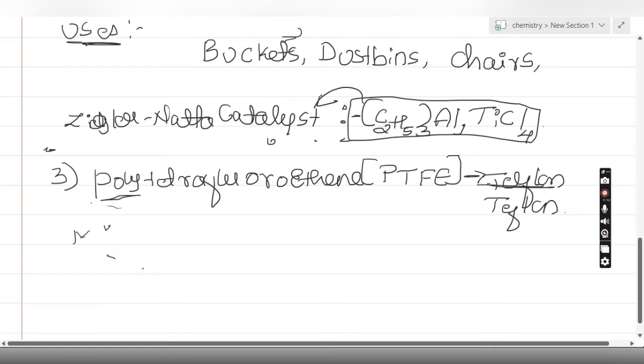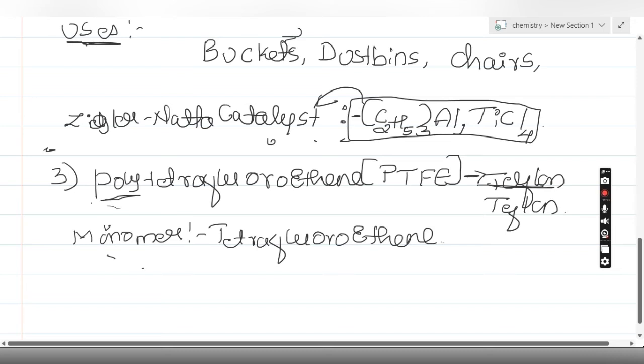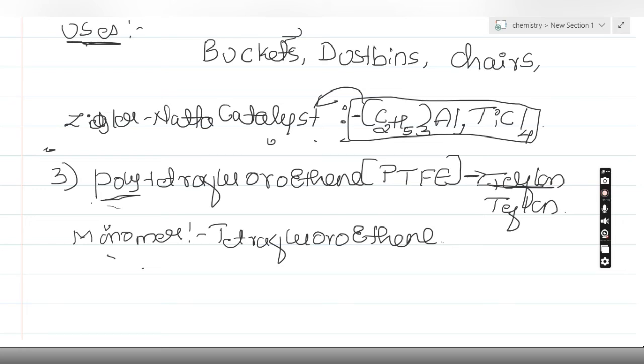So I am writing here the monomer used for the preparation of polytetrafluoroethene. If you remove the word poly, what do you get? You get tetrafluoroethene. This is the monomer used. You can check it in the case of polyethene also. There, the word poly is removed, then you get the name of the monomer, that is ethene.